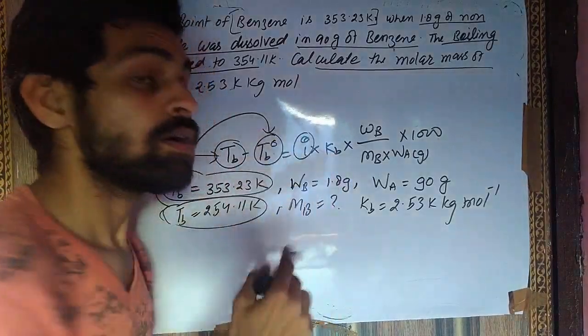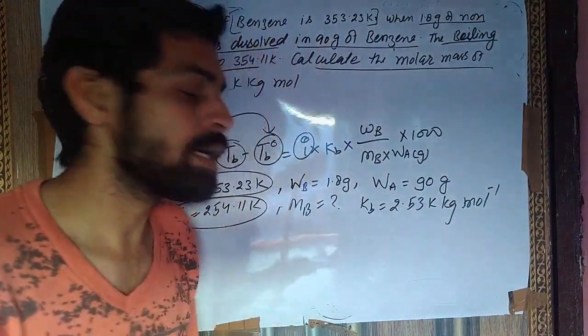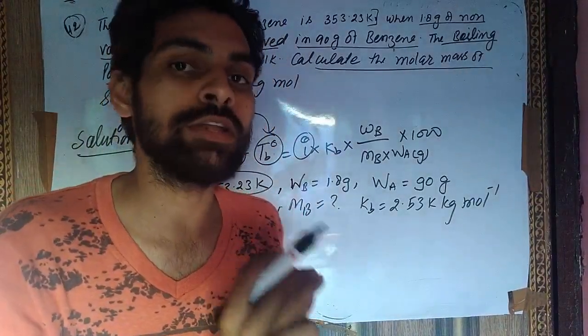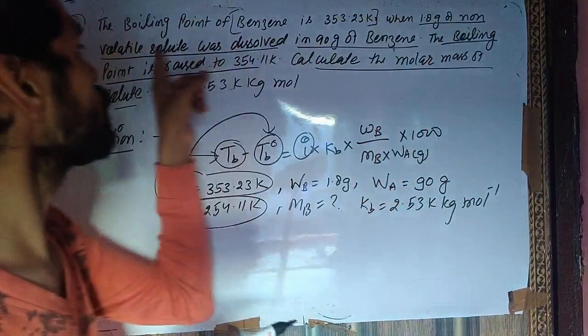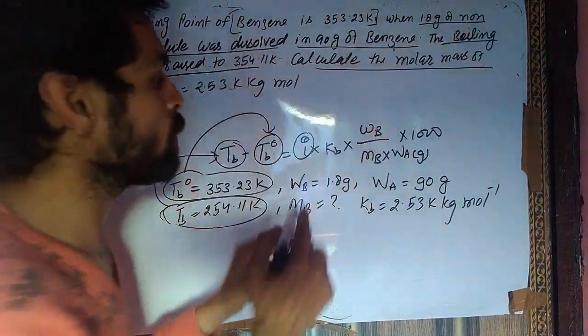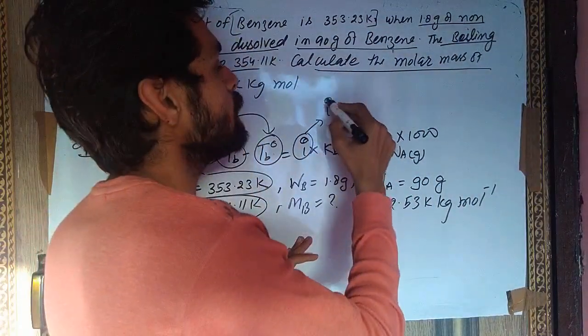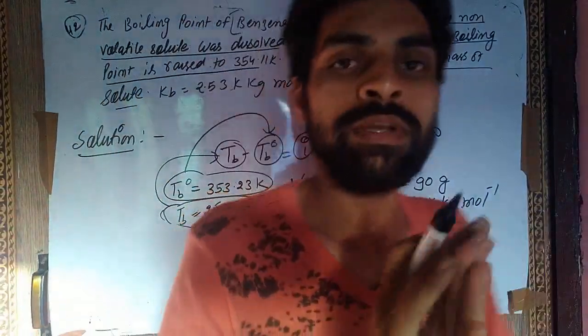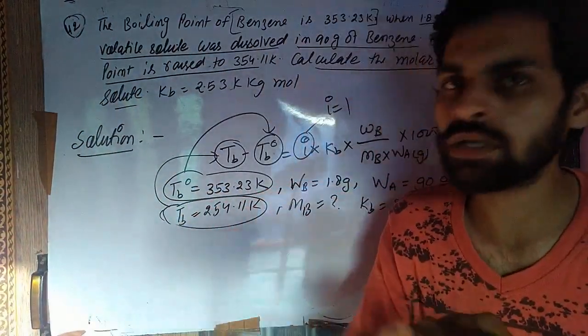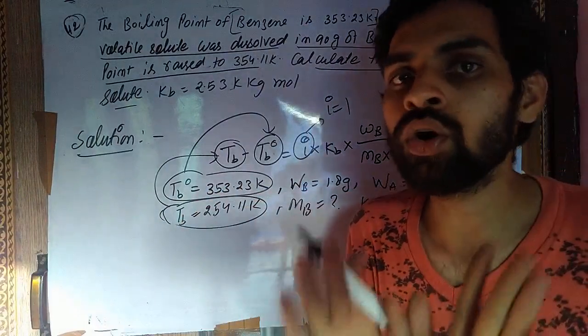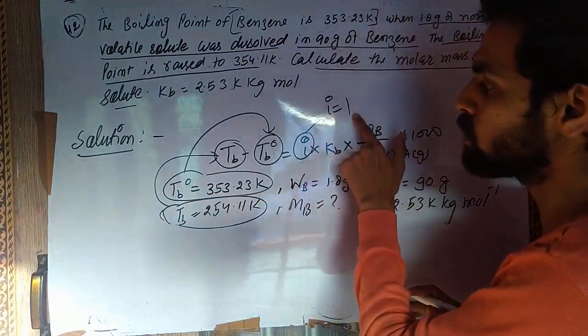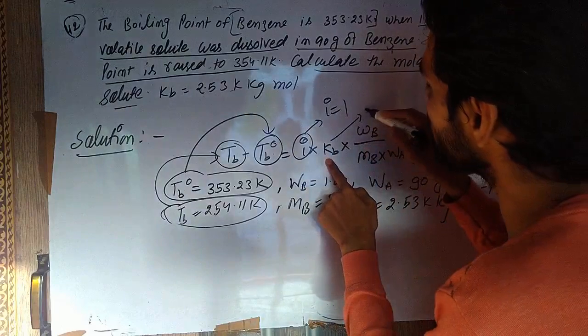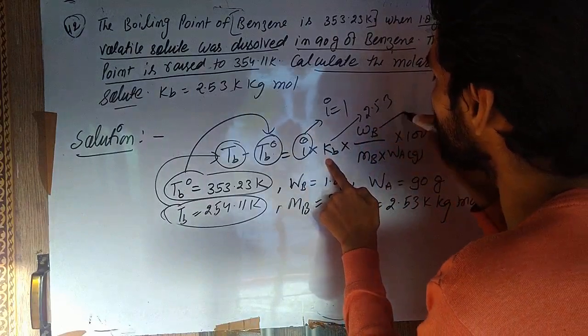And i, this is very important, how will we know the value of i? Students, look here, for a non-volatile solute, i is always equal to 1. A non-volatile solute will not undergo dissociation or association. This is a non-electrolyte, so we will put i equal to 1. KB is also given, 2.53 Kelvin kilogram per mole.